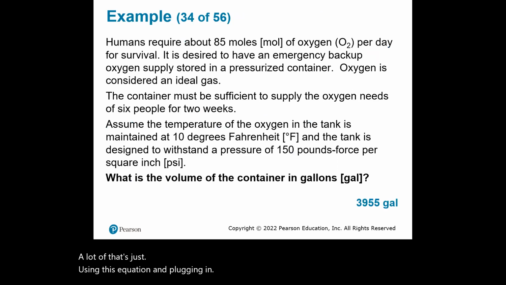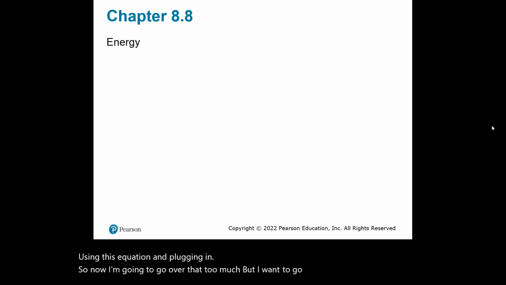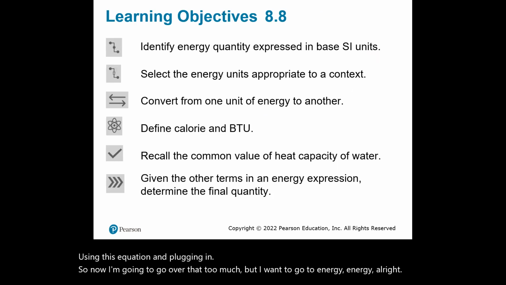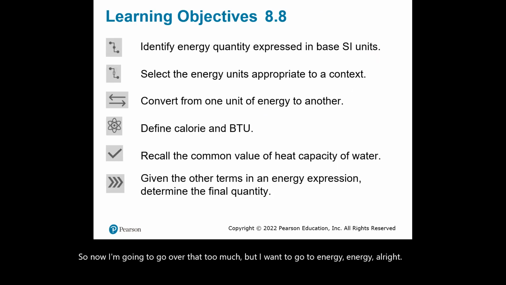I'm not going to go over that too much, but I want to go to energy. When it comes to energy, you have work, potential energy, kinetic energy, and thermal energy.